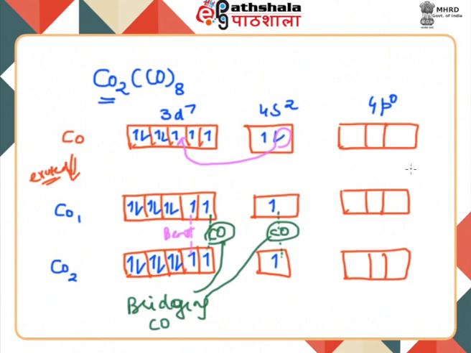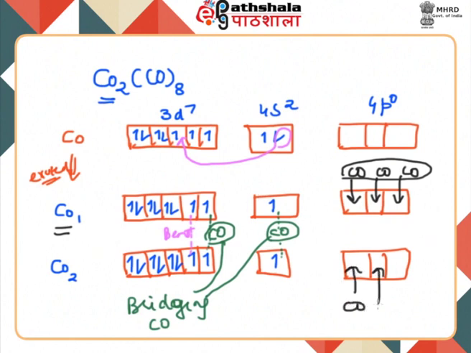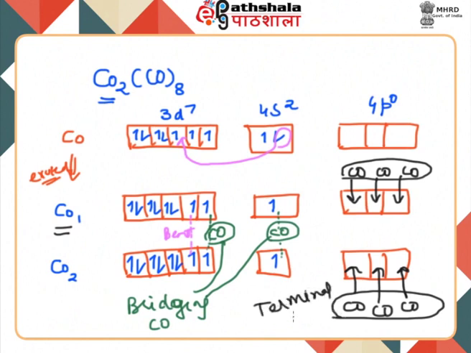There will be 6 terminal carbonyls. One gives the pair of electrons in this vacant p orbital, another will give here, another will give here. So you can see these are the 3 terminal carbonyls on one cobalt, and similarly on the second cobalt also there will be 3 carbonyls getting attached as terminal carbonyl ligands.